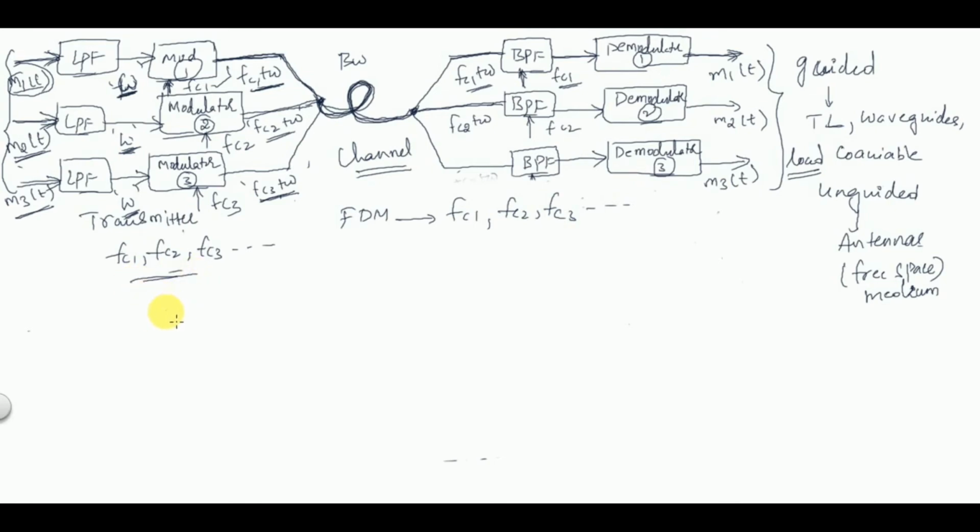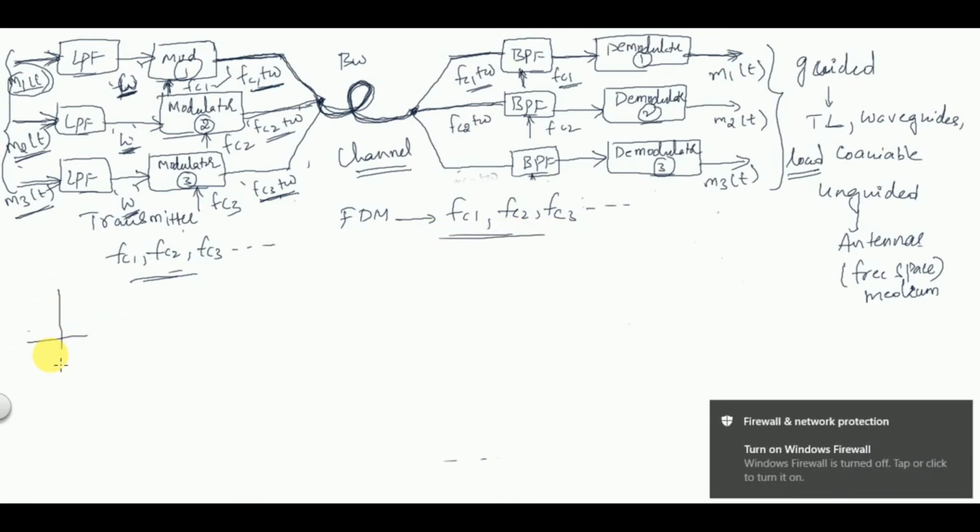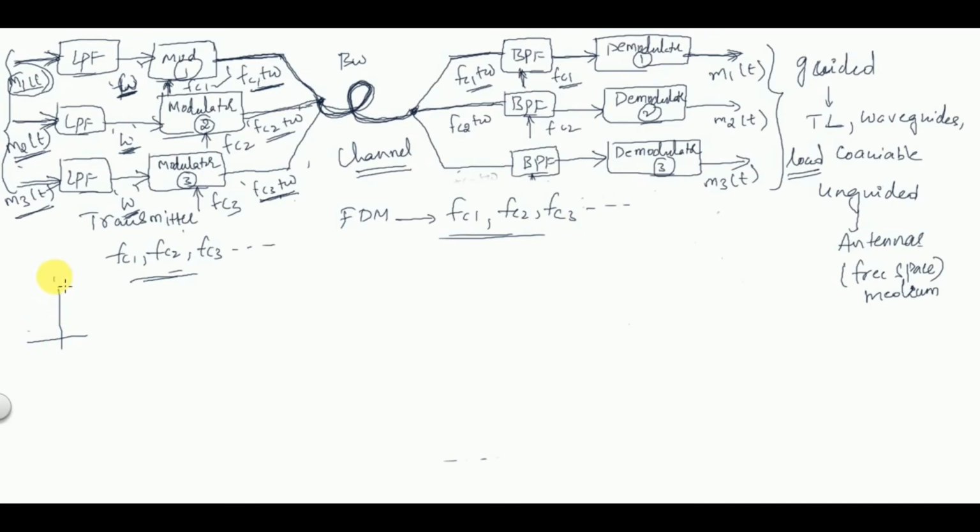How do we select the carrier frequencies, or what is the condition for selecting them? Suppose you have message signals like this. Different message signals are there. M1 of f has a certain frequency range, which I am taking as this.